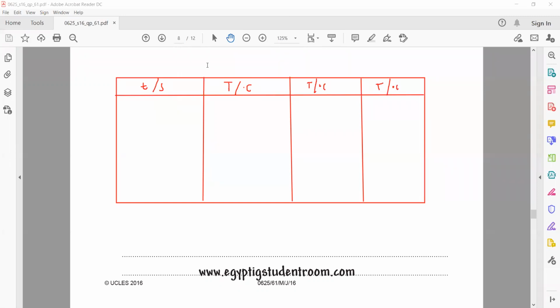This is material A, material B, and material C. So this will be the time 0, 30, 60, 90, 120, 150, and 180.